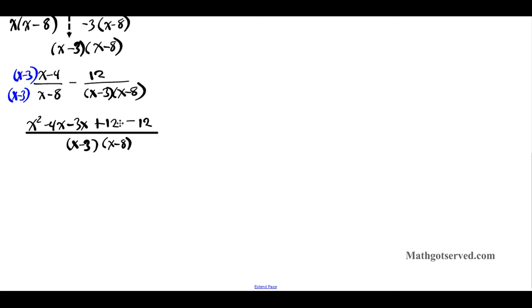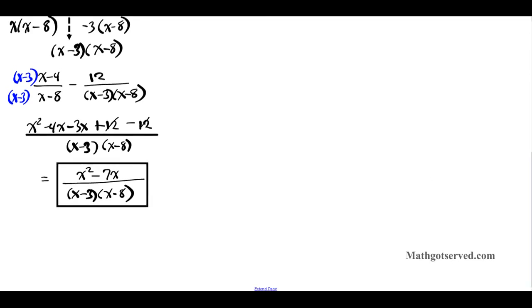And then when you simplify this, you notice that these two add up to 0. Our final answer is going to be x squared minus 7x divided by x minus 3 times x minus 8. Okay, so that goes our first answer.